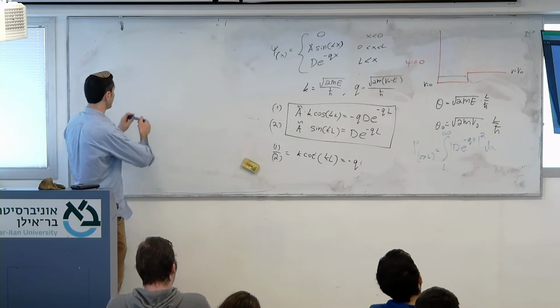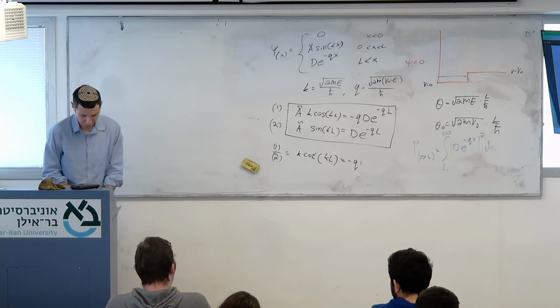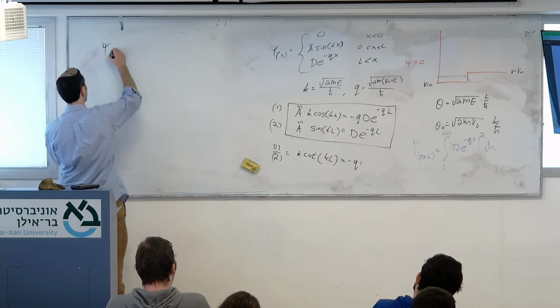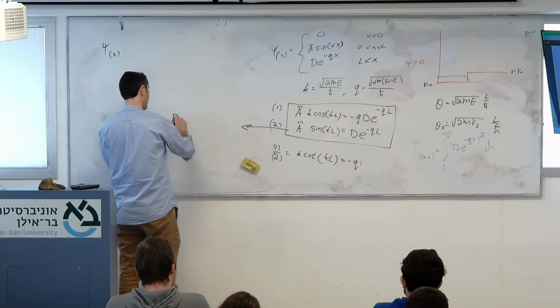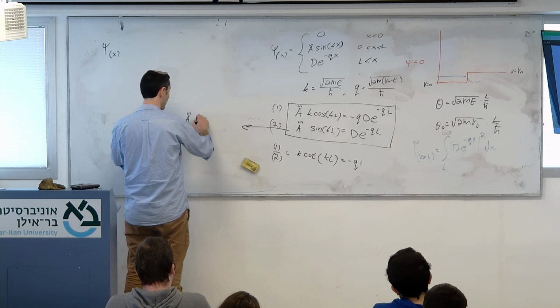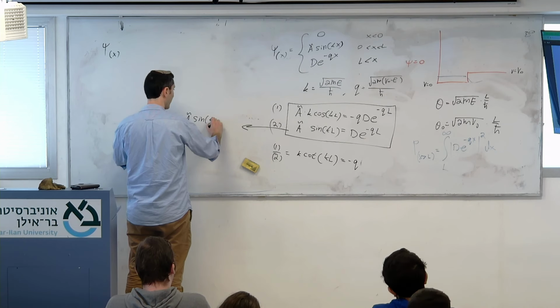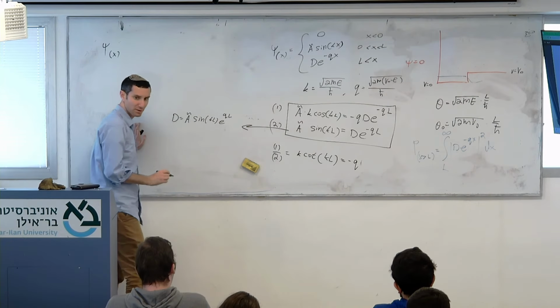So I can say that. I need a black marker. From here I can extract that d is equal to a tilde sine kl e to the positive ql.